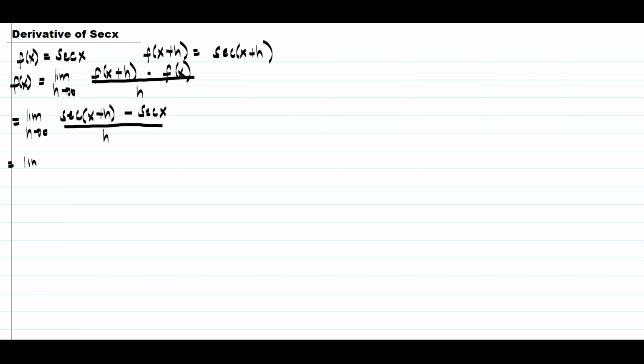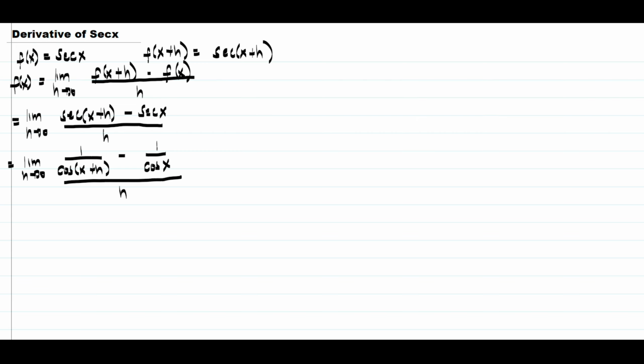So we have the limit as h approaches 0. The reciprocal of secant x is 1 over cosine x.